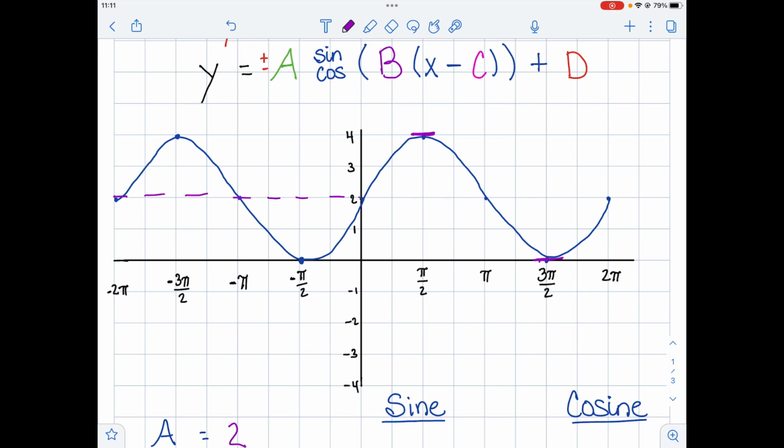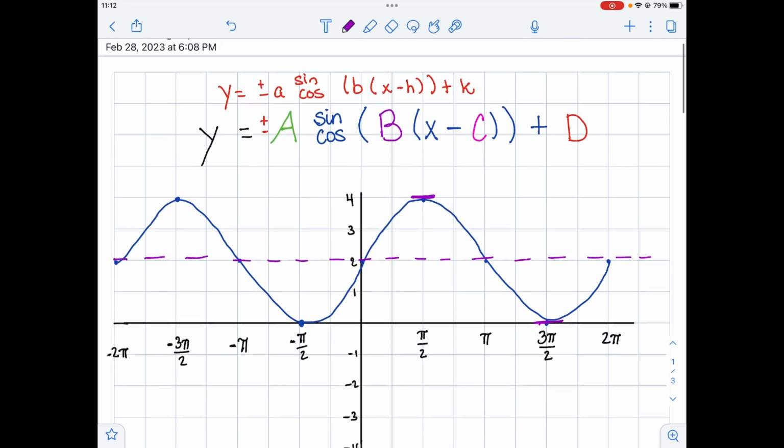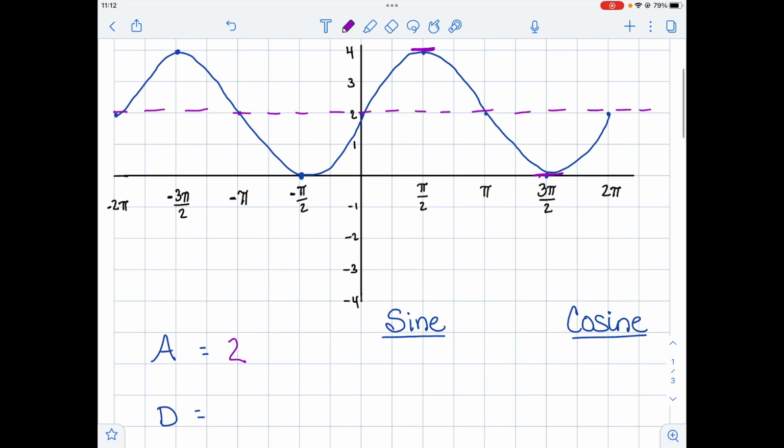I'm going to do a dotted line here, and that is actually an equation, y equals 2. So our D, or our K, is y equals 2. As an equation, we would write it y equals 2. And here we would just say D is 2, and that's a positive 2.